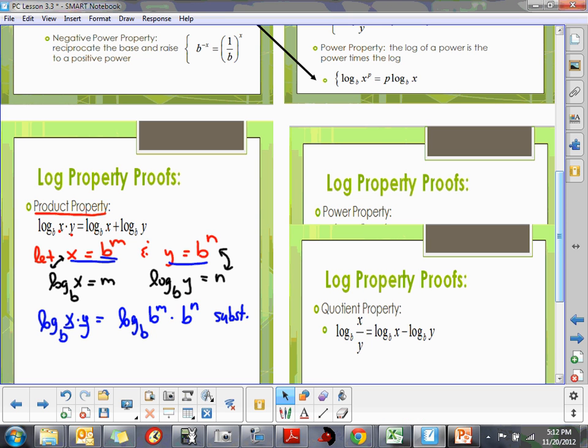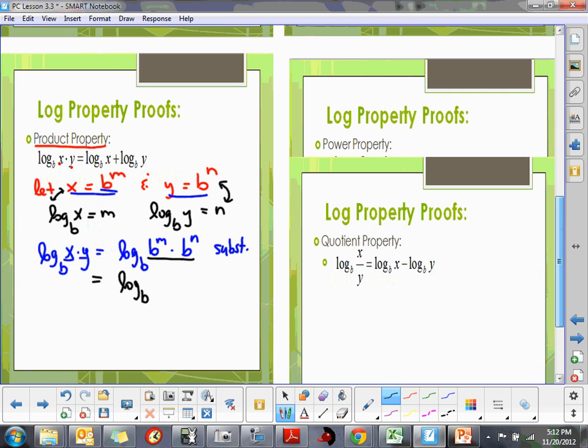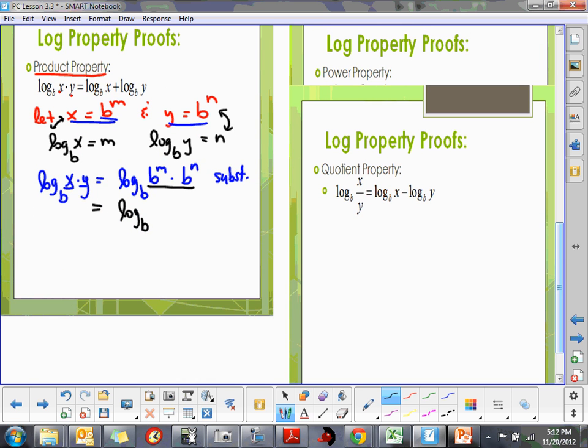Now what we have is the log base b of b to the m times b to the n. Well, b to the m times b to the n, we can apply one of our exponent rules. If you multiply like bases, you can rewrite this as b to the m plus n. So this is our product rule of exponents. At this stage, we can use the inverse property that we studied in lesson 3.2.